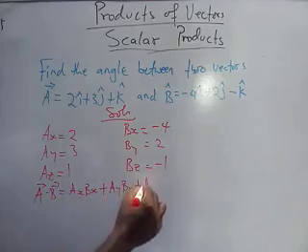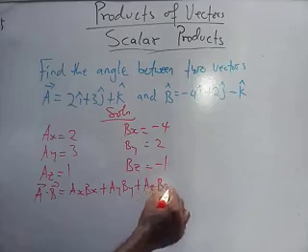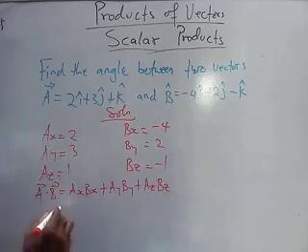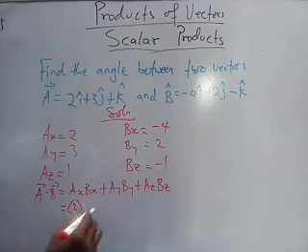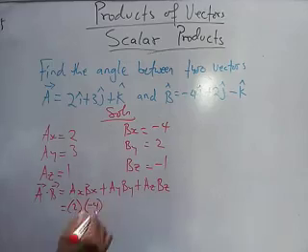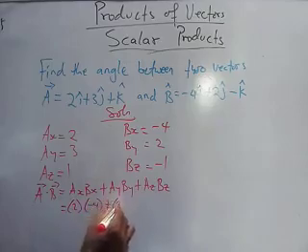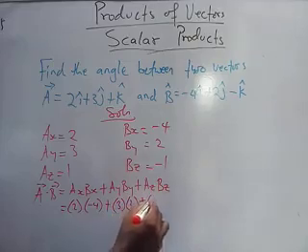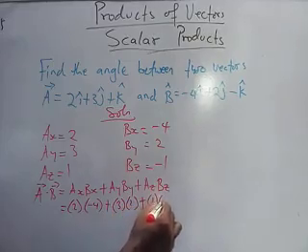Hope I'm not too fast. My AX is 2, BX is minus 4, plus AY is 3, BY is 2, AZ is 1, BZ is minus 1.